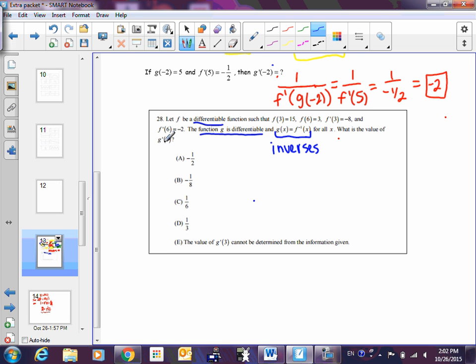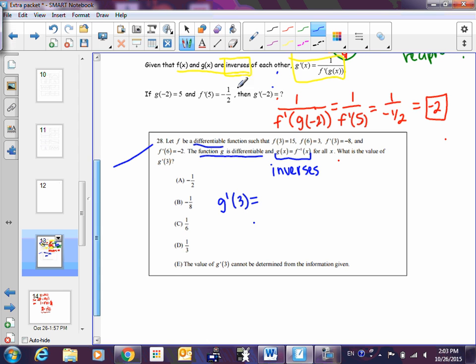And then it says, what is g prime of 3? Again, I'm not going to worry about remembering another formula. I'm just going to use the formula. Right up here, g prime of 3 is going to be 1 over f prime of g of 3.